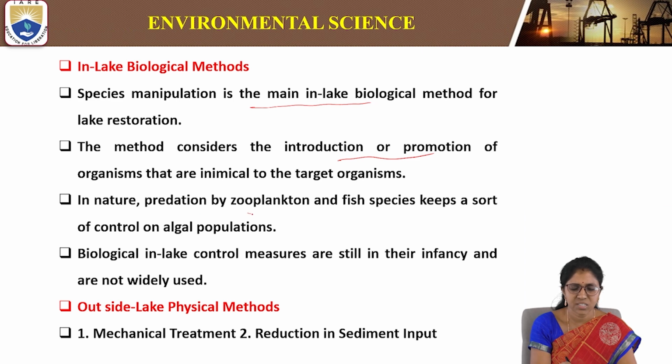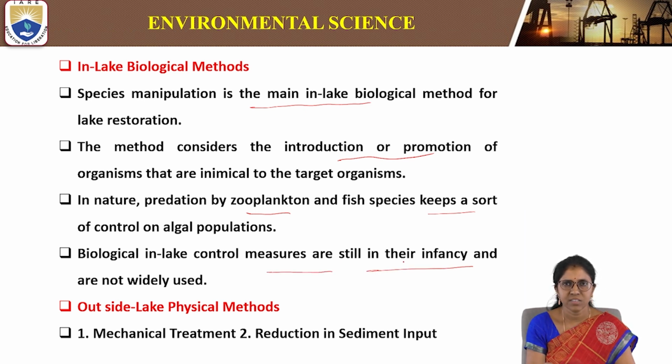In nature, predation by zooplankton and fish species keeps a sort of control on algal populations. Biological in-lake control measures are still in their infancy and are not widely used.